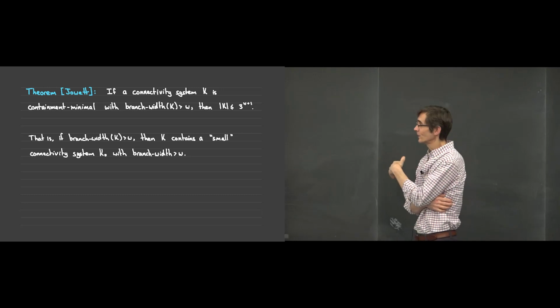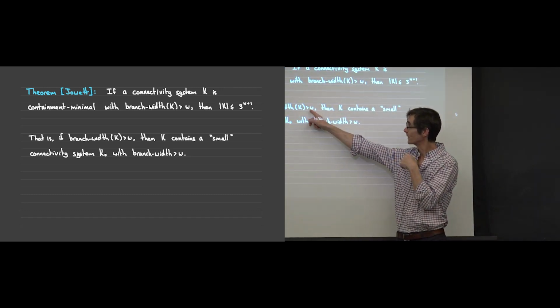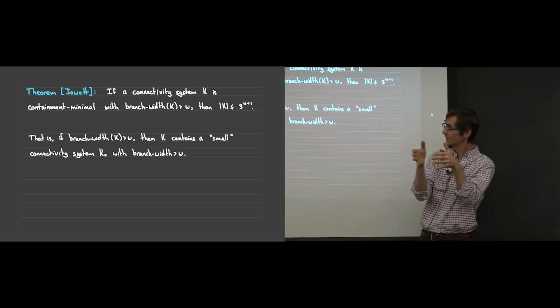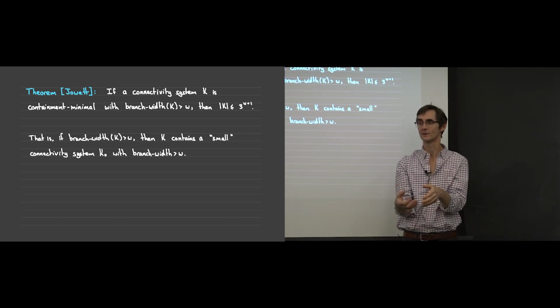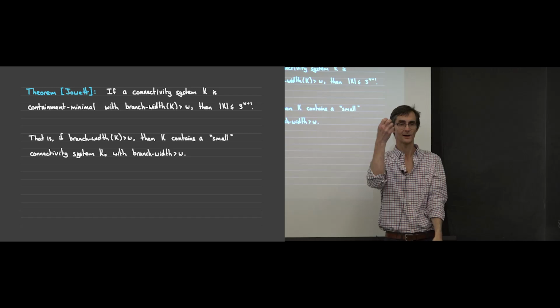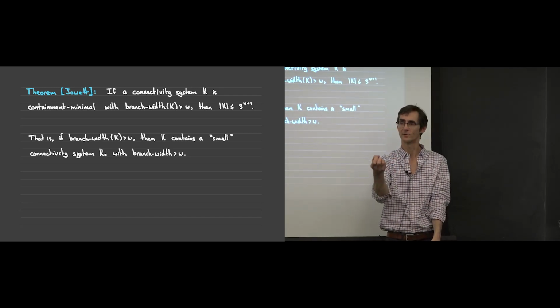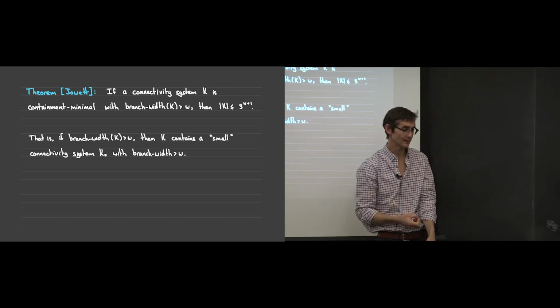In other words, if you give me any connectivity system with branchwidth bigger than W, it's going to contain a small connectivity system that still has branchwidth bigger than W. So that you get this small witness of branchwidth being at least W. Right, that's her theorem.